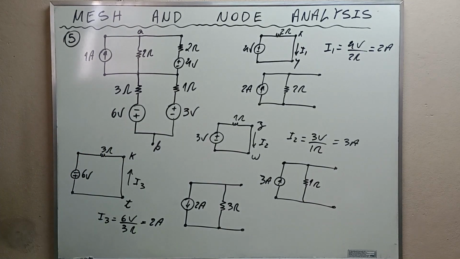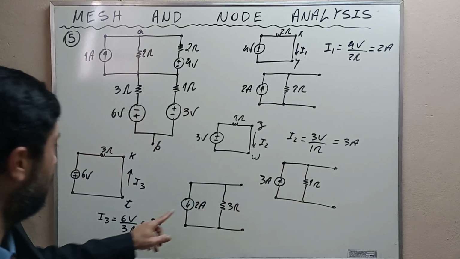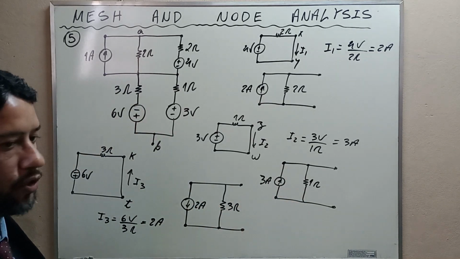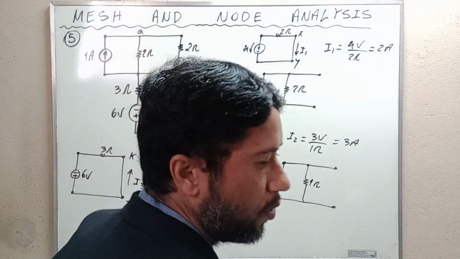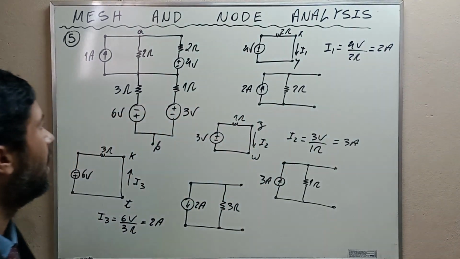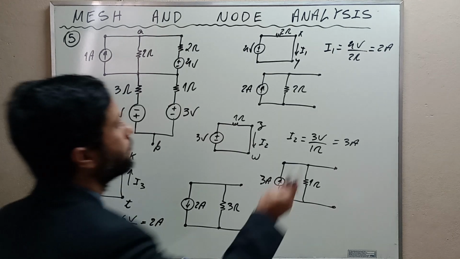Okay? We are going to use this, and this here to simplify the circuit, okay? Let me erase the board and I'm going to show you how the new circuit is going to become.